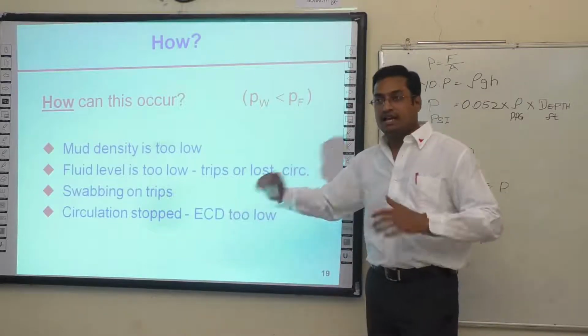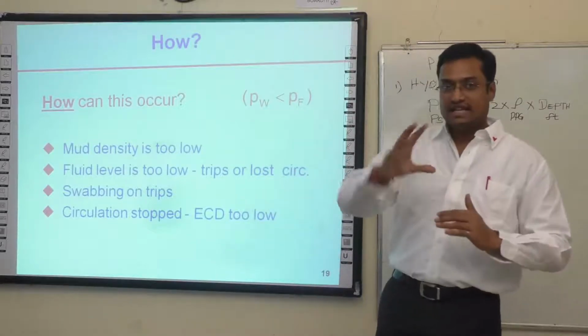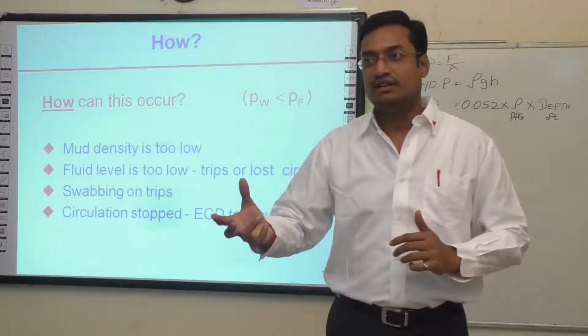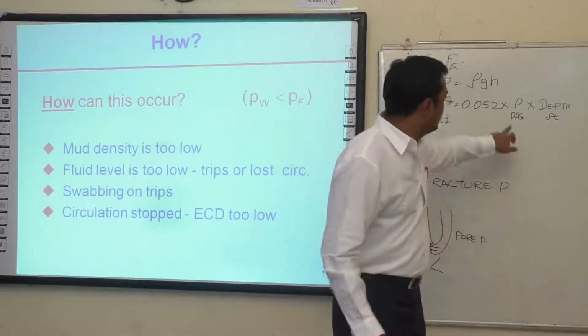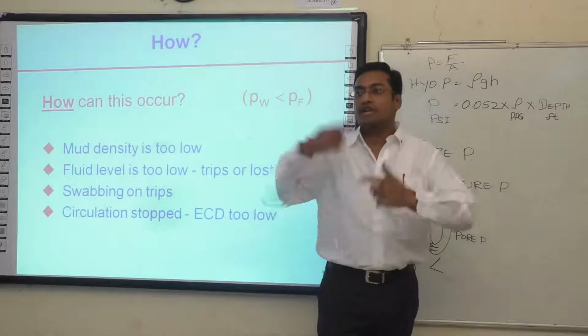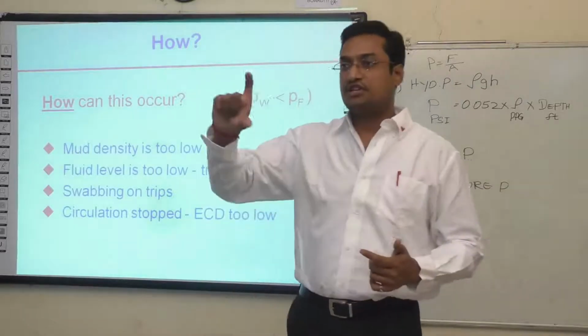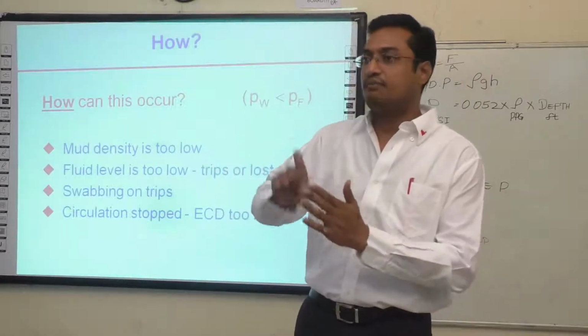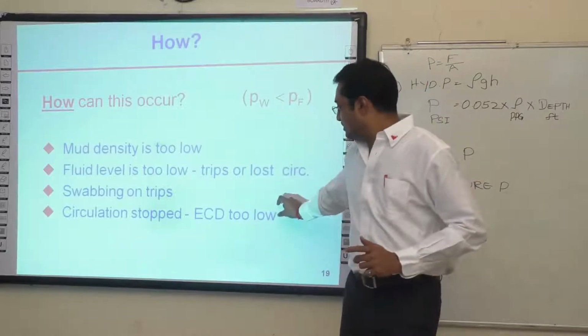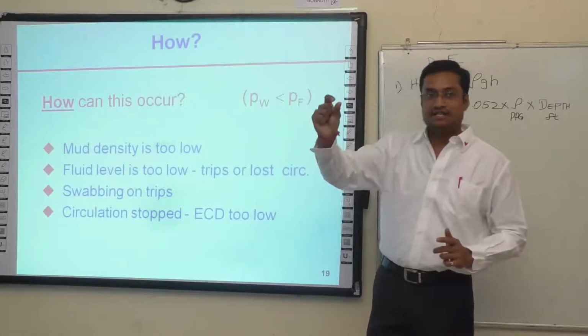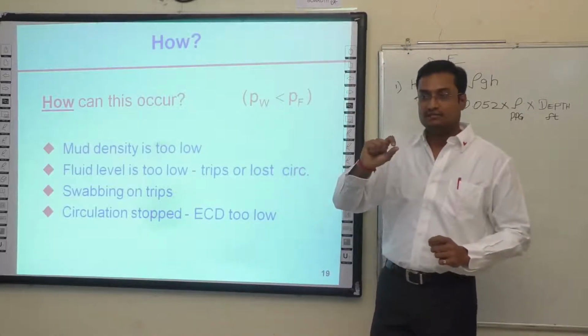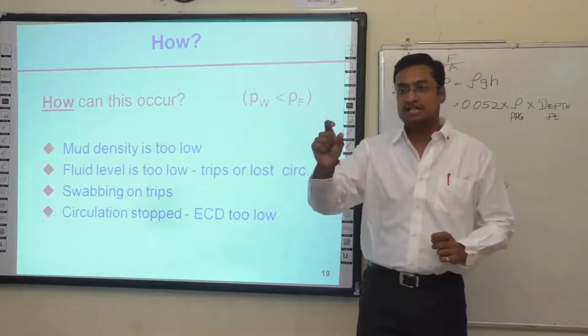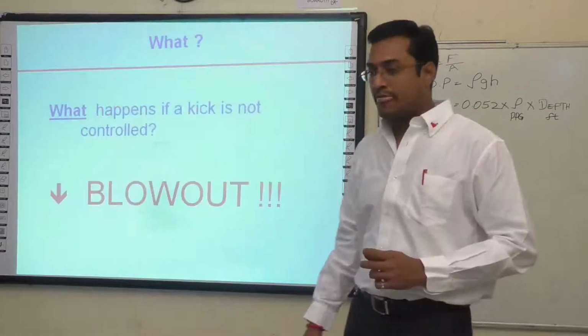ECD is equivalent circulating density. Even though you have a mud density, when you are circulating the fluid, because of the additional frictional pressure in the annulus, there is a slight increase in density. That is ECD, which we will cover in the next topic.